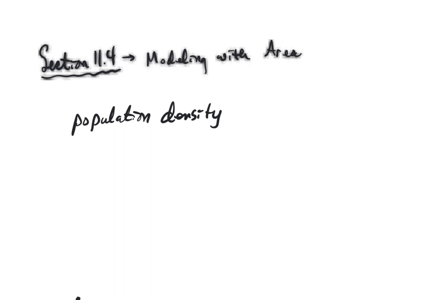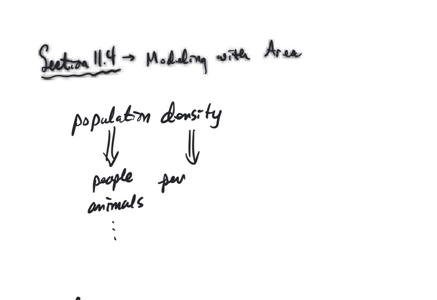Okay, and the idea here is putting two things together, putting together population, so that could represent, of course, a number of people. It could represent a number of animals. It could represent a whole variety of things. But what we mean by density then is how many people, how many animals, how many whatevers per some unit of area.